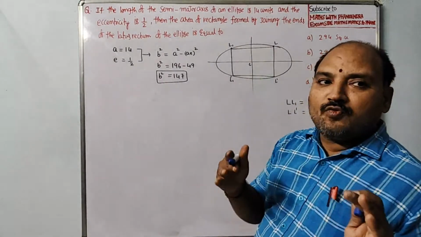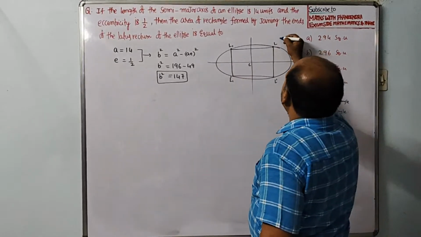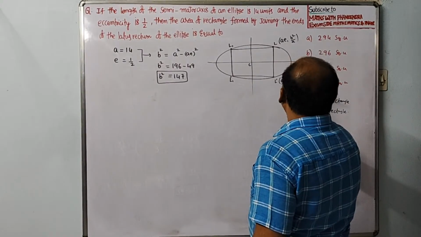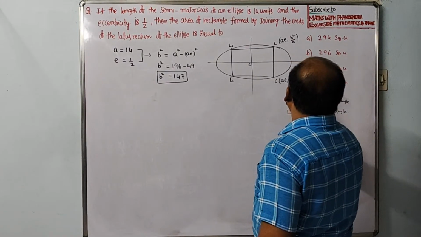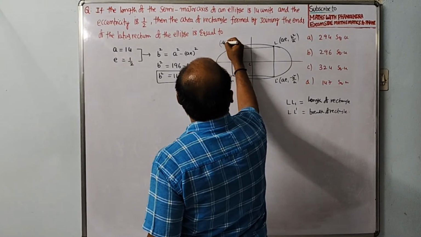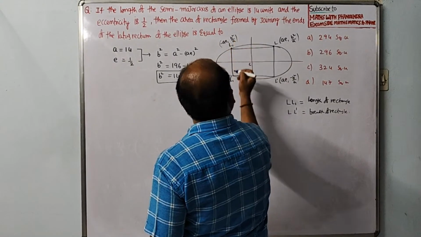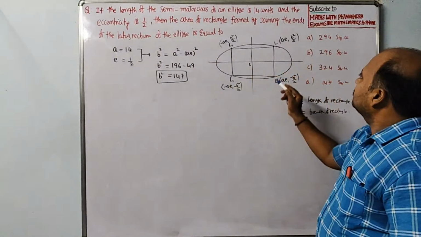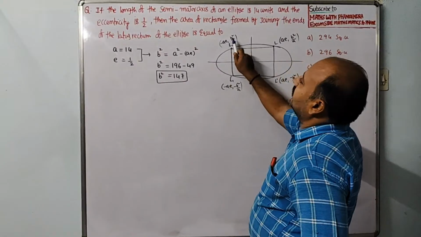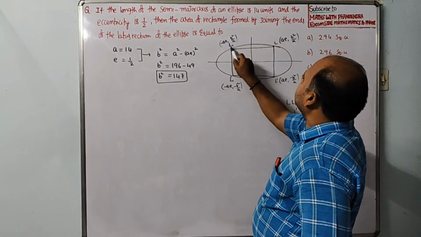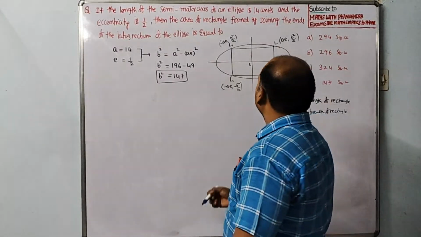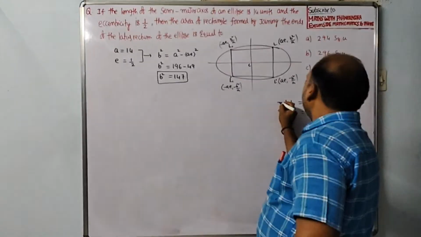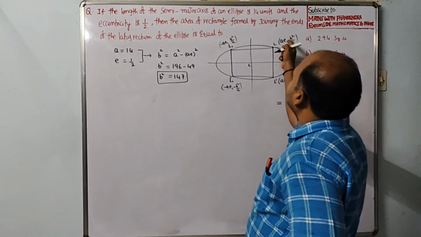So if you want to find the area, the points are (AE, B square by A), (AE, minus B square by A), (minus AE, B square by A), and (minus AE, minus B square by A). So observe carefully, these y coordinates are equal, so this length L dash is equal to the distance between these two.